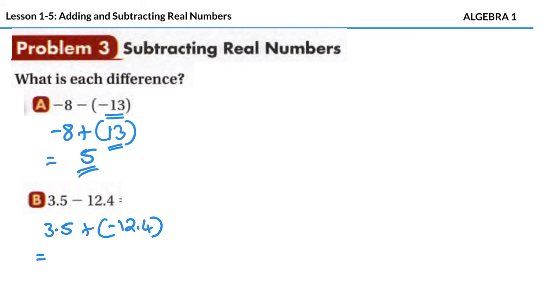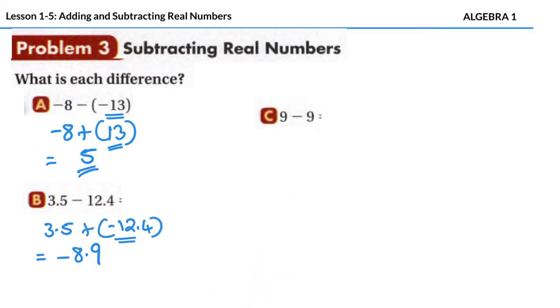Two numbers with opposite signs, when they are added, you subtract them. So negative 12.4 plus 3.5, subtract them and you get 8.9. Since 12.4 is a bigger number with a negative sign, the sign of the answer will be negative.